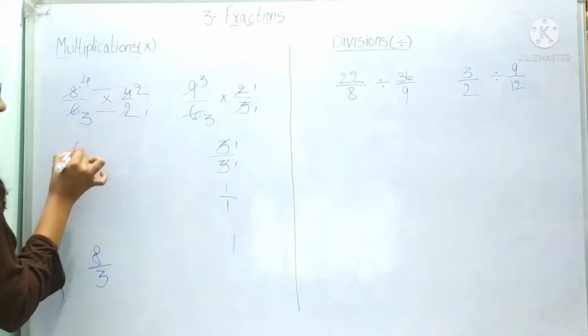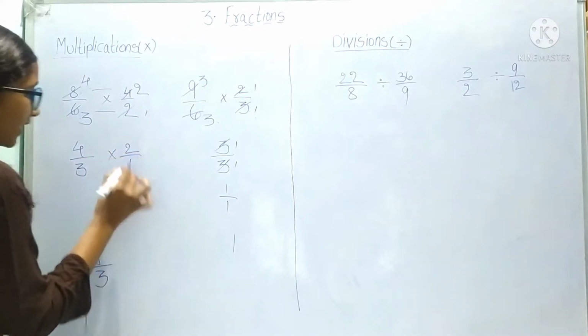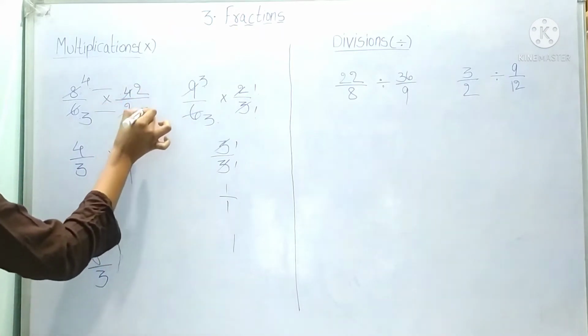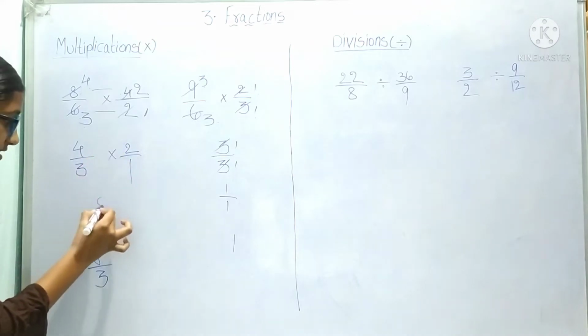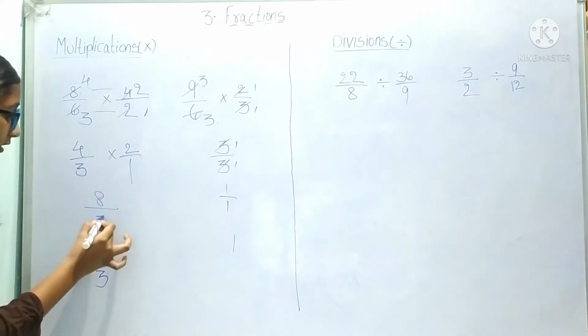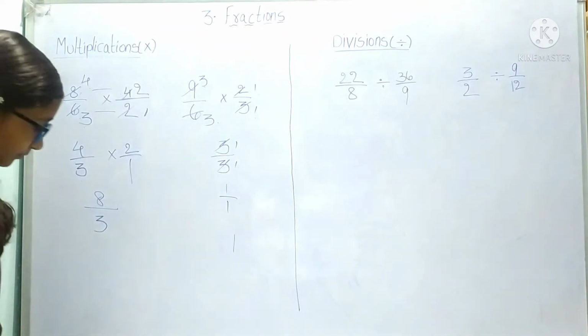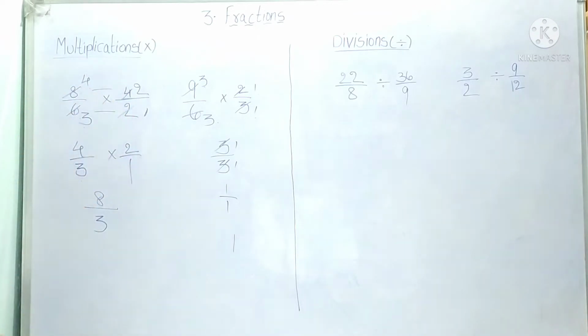Here we have 4 by 3 into 2 by 1 remaining. So 2 and 1, here 3. So here 4 twos are 8 and 3 into 1 is 3. So the same output came here. Even when we cancel after multiplication, the same output will come.